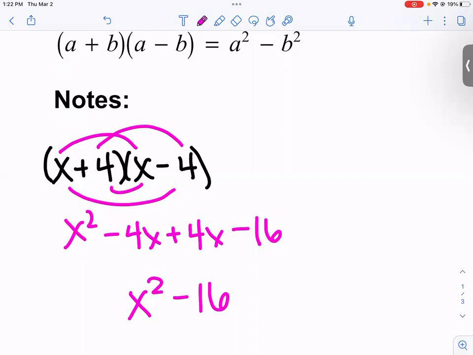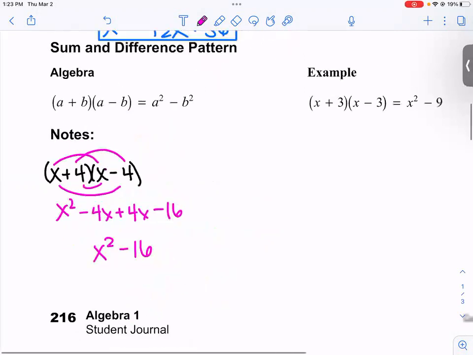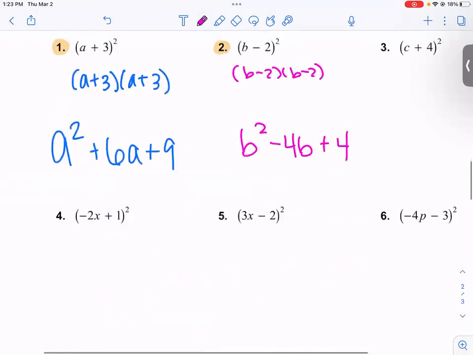However, eventually I am totally fine with you not showing this work because we're going to do enough of these that we know when we have a plus b times a minus b, we're getting the difference of squares. Are we ever going to have to do one with just square? Just square. Okay. We'll save the cubes for algebra 2.